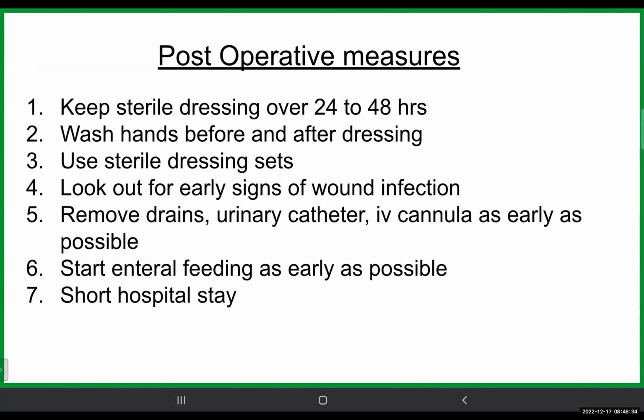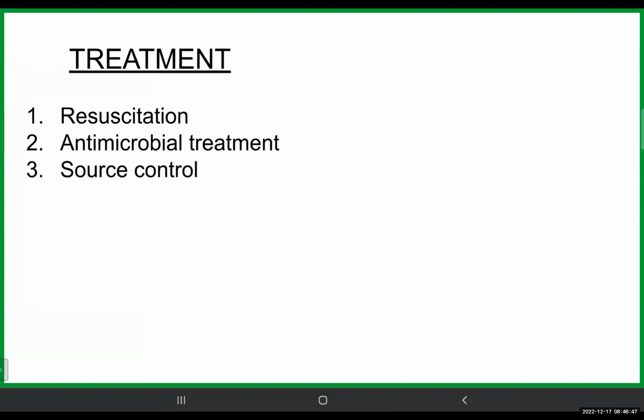Then remove the drains and the urine catheter as early as possible. Start enteral feeding as early as possible for better nutrition. Then short hospital stay. Now coming to the treatment part, first we have to resuscitate the patient, then antimicrobial treatment, and then source control.